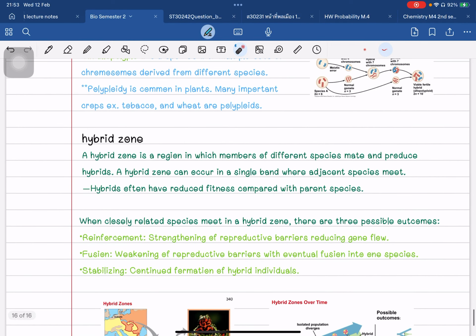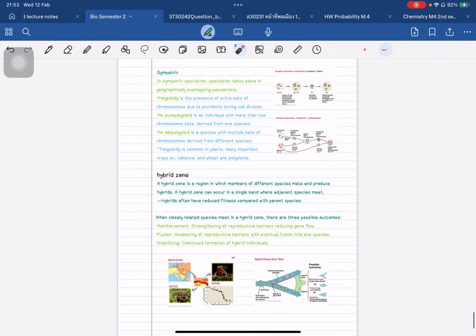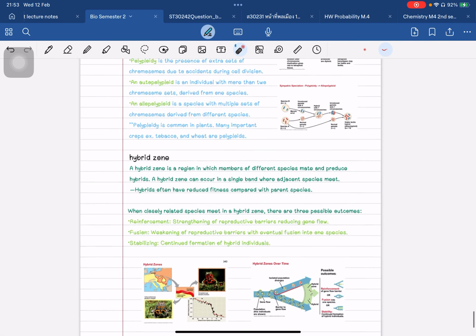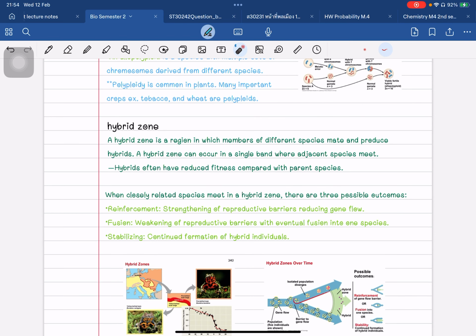Next we're going to talk about the last one, the hybrid zone. A hybrid zone is a region in which members of different species mate and produce hybrids. A hybrid zone can occur in a single band where adjacent species meet. Hybrids often have reduced fitness compared with parent species. When closely related species meet in a hybrid zone, there are three possible outcomes.